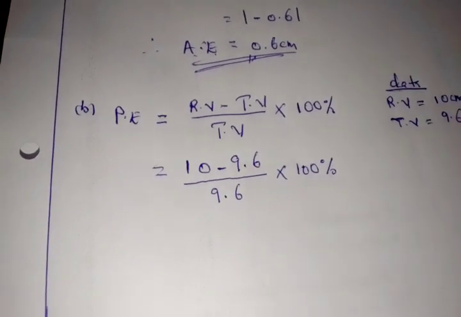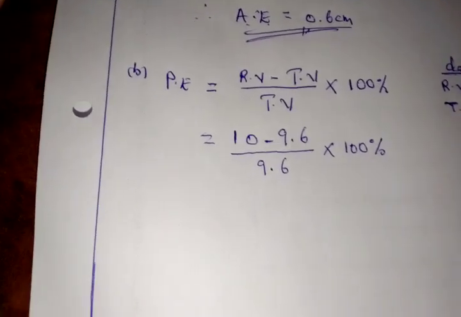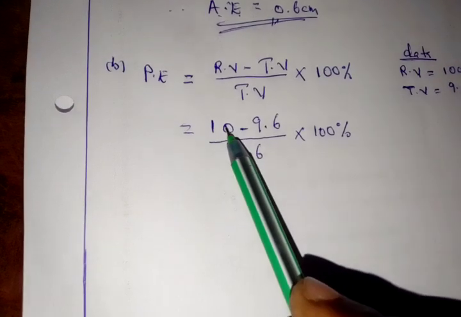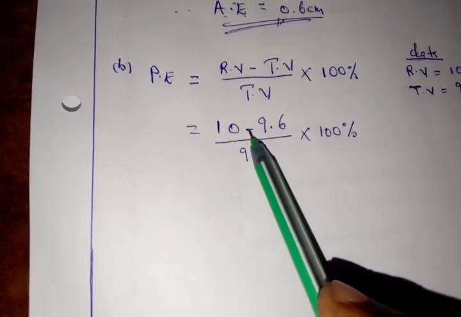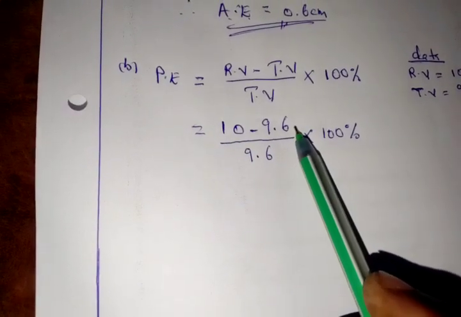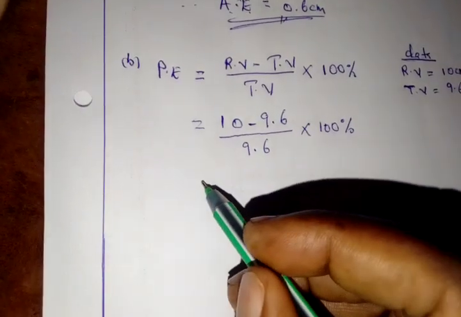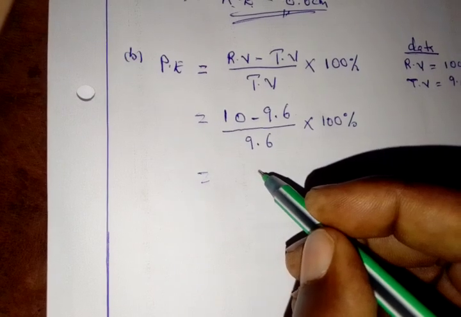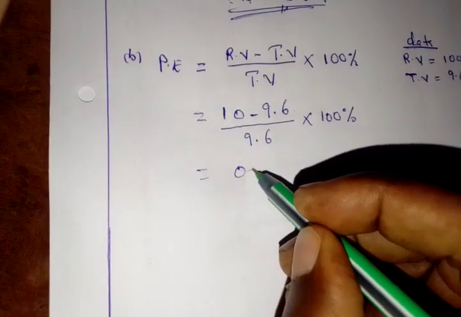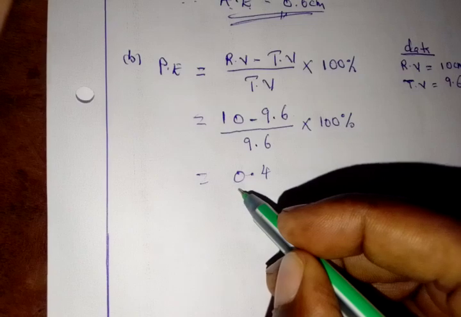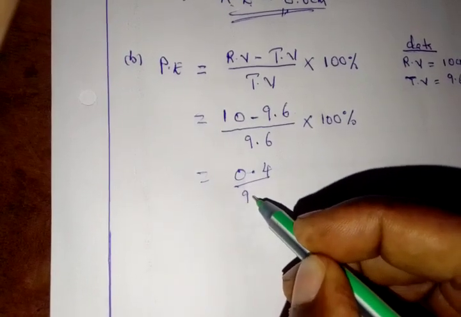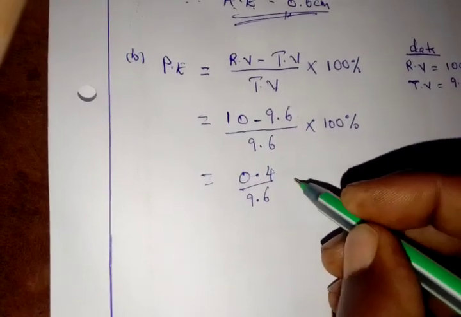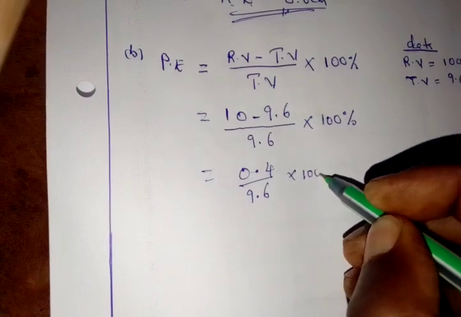Now we're going to subtract what is on top here: 10 minus 9.6. If you subtract here, this is going to give us 0.4 over 9.6 times 100%.